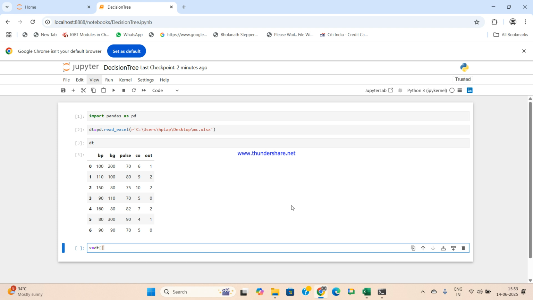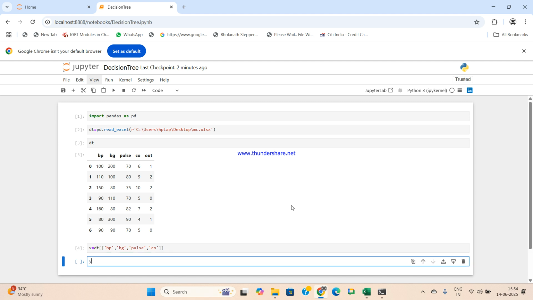This is my blood pressure, then blood glucose, then pulse, then cardiac output. These are my independent variables, and my dependent variable is my output.